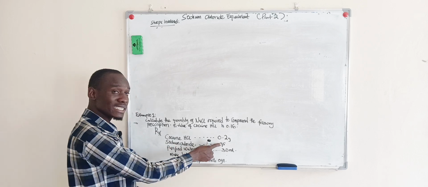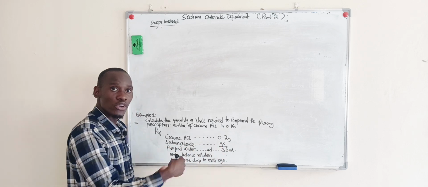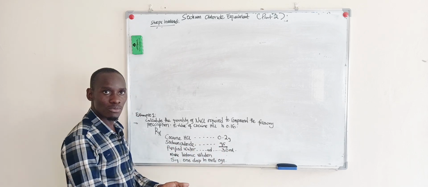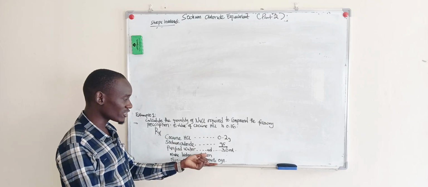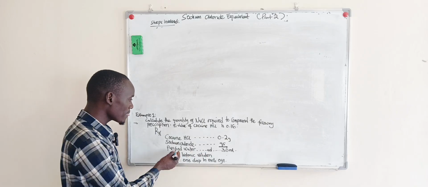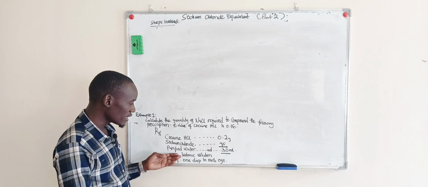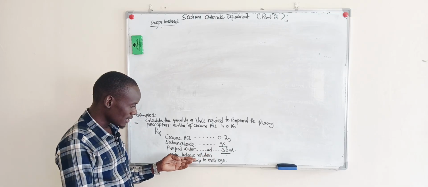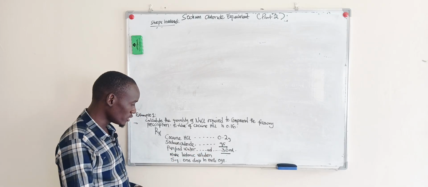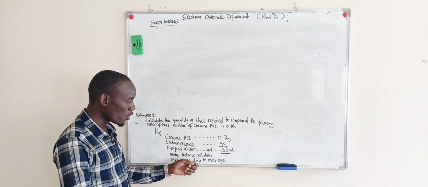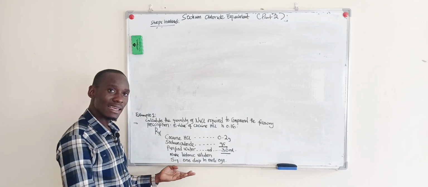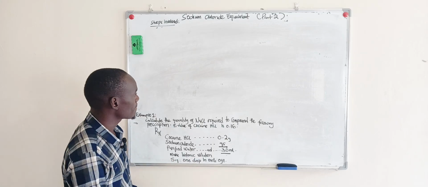Sodium chloride quantity sufficient, because we don't know how much sodium chloride is required to adjust such a solution for isotonicity. Then purified water, add up to 30 mLs, make an isotonic solution. Sig: 1 drop in each eye. These are labeling instructions.